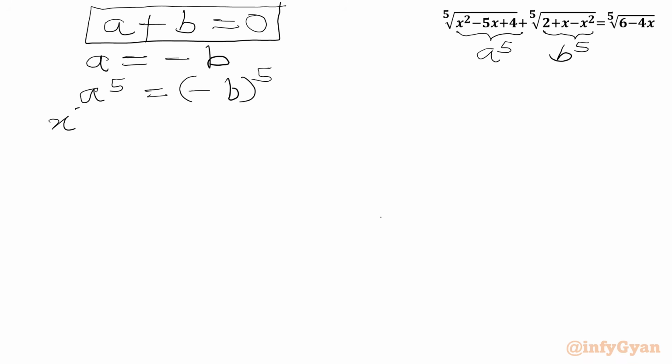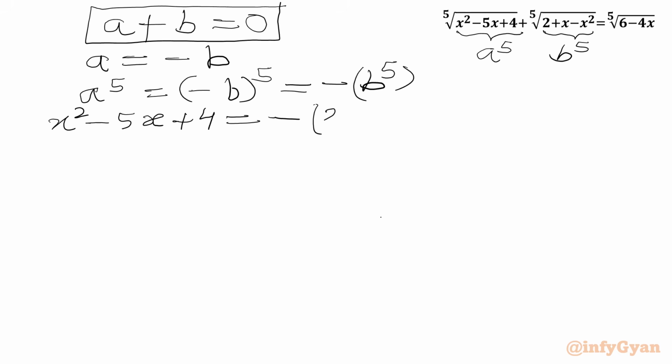We will write x square minus 5x plus 4 equal to minus of b power 5. So we will keep minus sign outside and then we have to multiply 2 plus x minus x square.